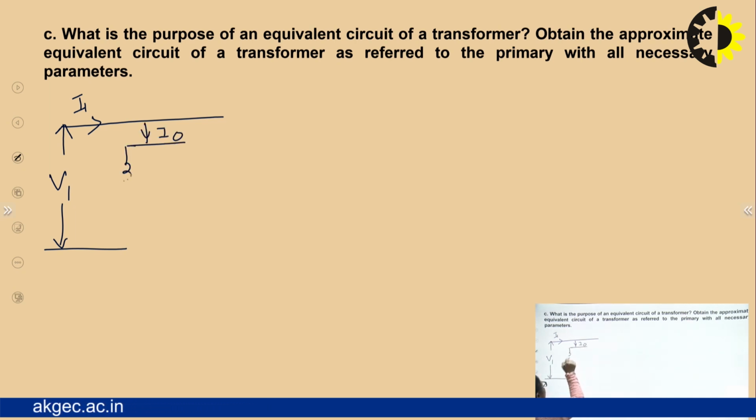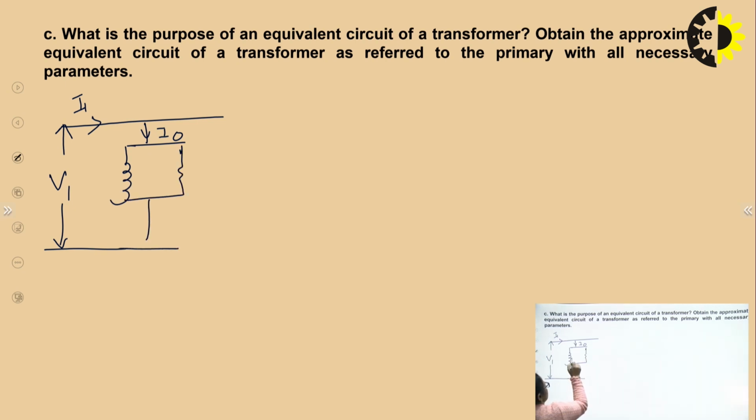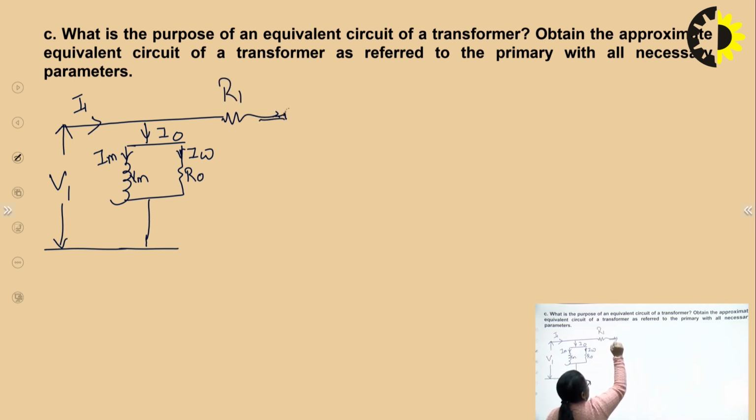The no load current flowing in will be divided into two parts. One is IM, the magnetizing current flowing in XM. Another one is IW, the working current flowing in R0. And then we have the primary resistance R1, then the primary leakage reactance X1. This is up to the primary circuit, right?